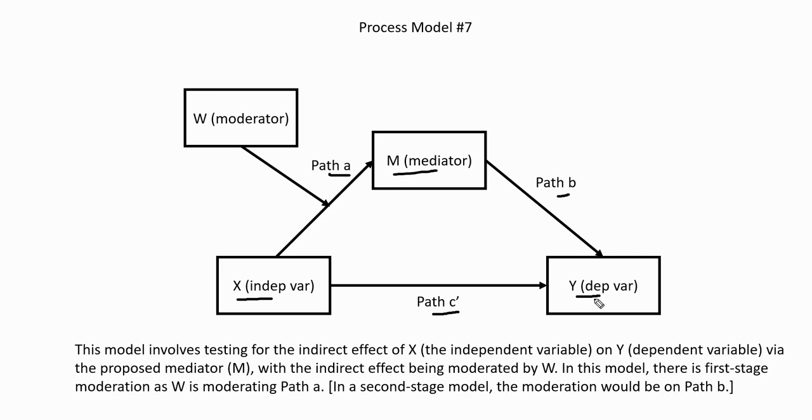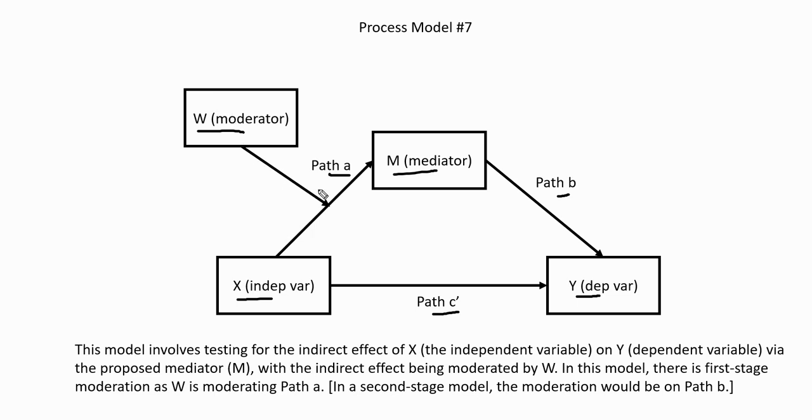Now in a standard mediation analysis where there's no moderator variable, we would compute the indirect effect of X on Y as the product of paths A and B. In this particular case, when we add in this moderator, you'll see that the moderator has an arrow drawn to path A. That indicates that path A is varying across levels of the moderator.